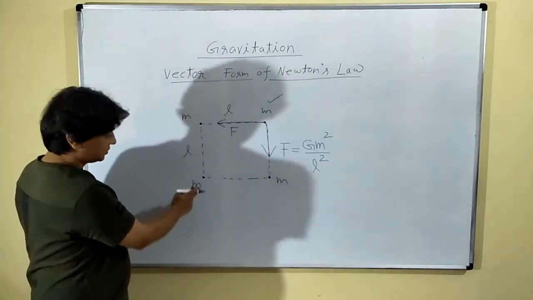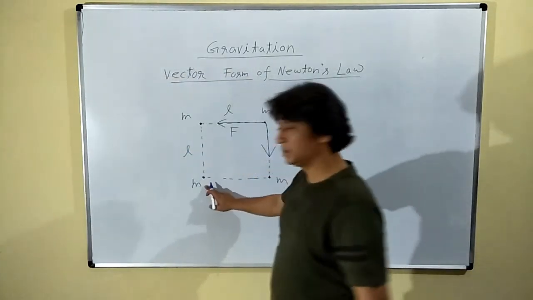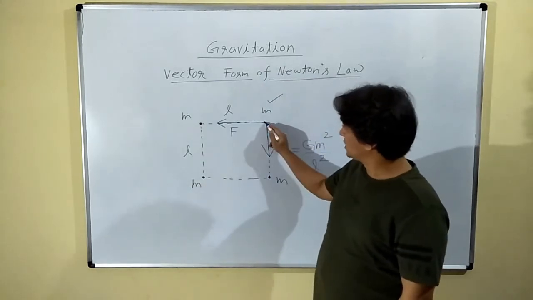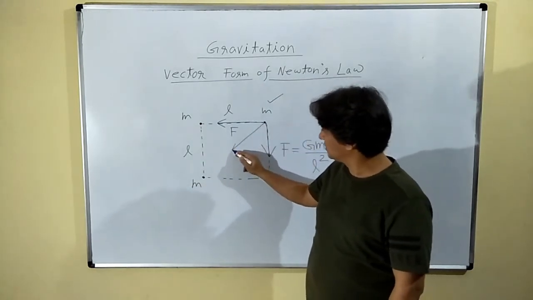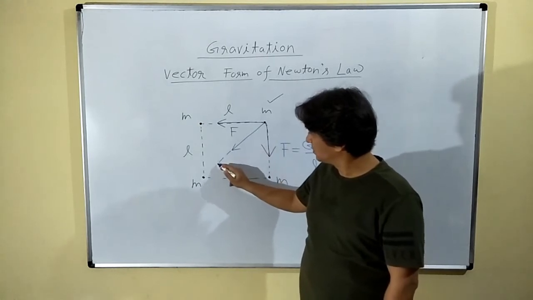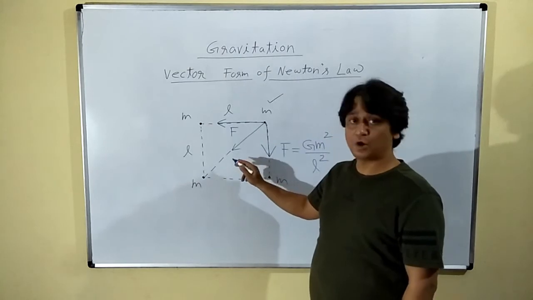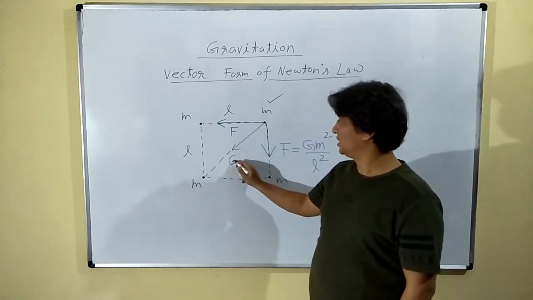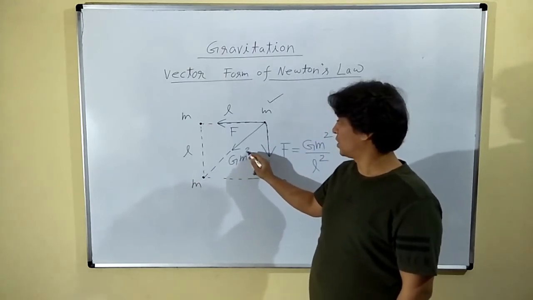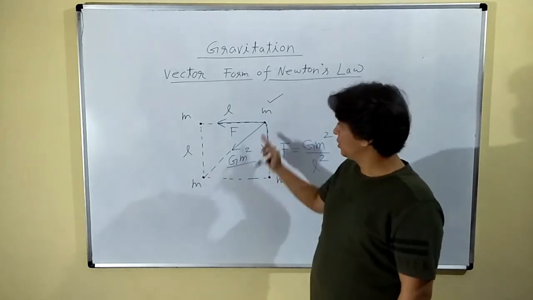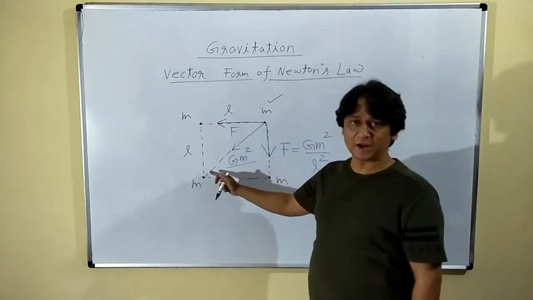Now, this third one is going to pull this M towards itself with a force of G M square upon what? What is the length of the diagonal?